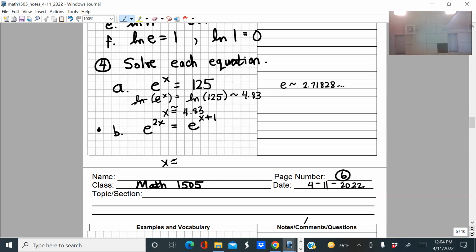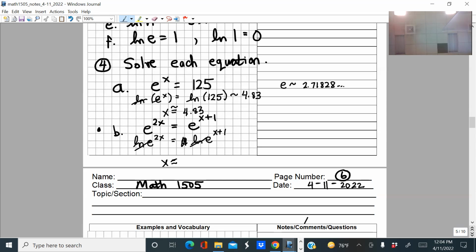Natural log, exactly. So we're going to apply natural log here to both sides. Now you might be saying, well, but that's not just x there. That's 2x, and this is x plus 1. But when you apply the natural log, same thing happens.